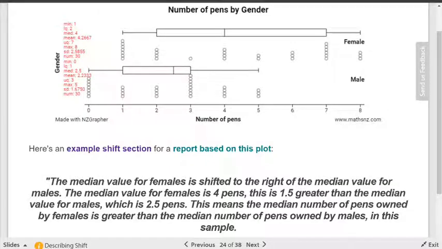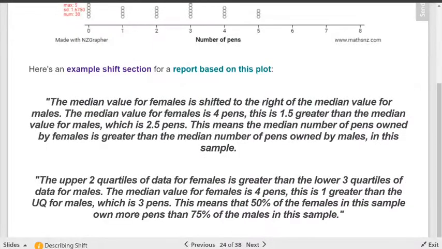Finally, then we put it into context. This means that the median number of pens owned by females is greater than the median number of pens owned by males, in this sample. Notice that phrase right there: in this sample. Because can I always say that's true? Do you think it's true for every population no matter what?